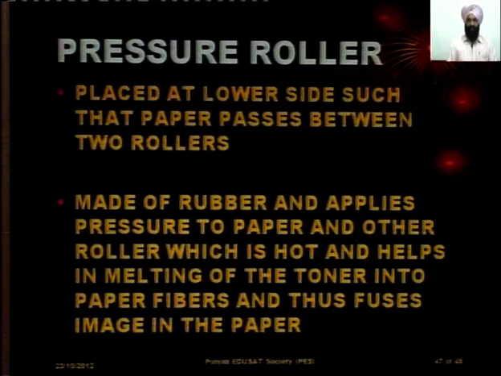The pressure roller is placed at the lower side such that paper passes between the two rollers. It is made of rubber and applies pressure to the paper and the other roller, which is hot and helps in melting the toner into paper fibers and thus fuses the image into the paper. With the help of these two rollers, the image is fused into the paper.